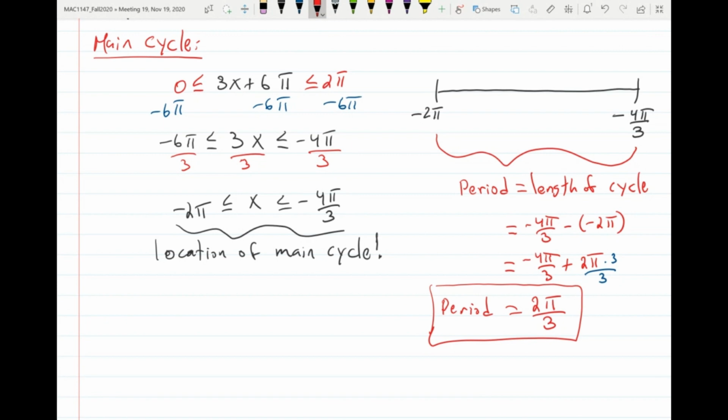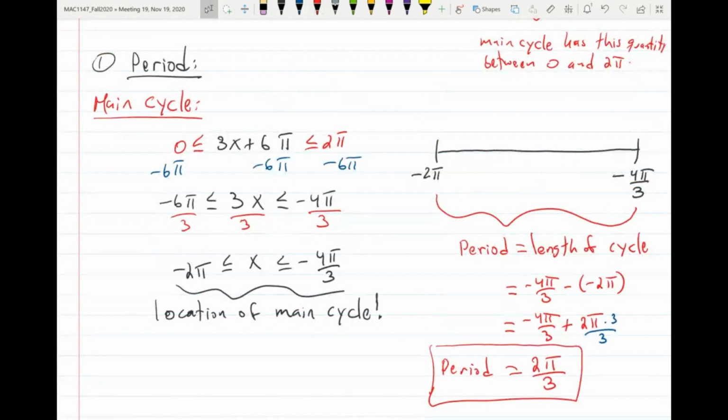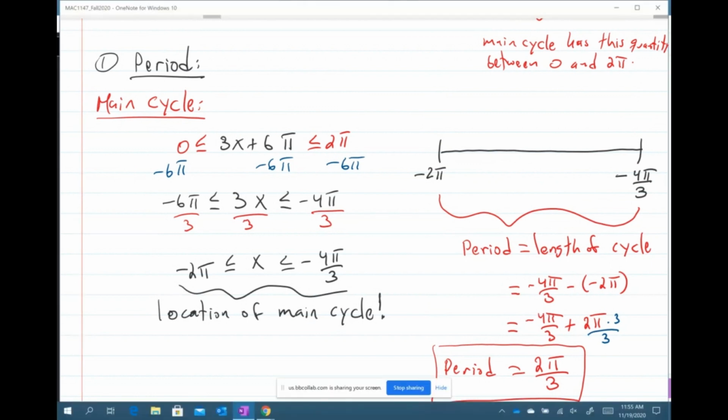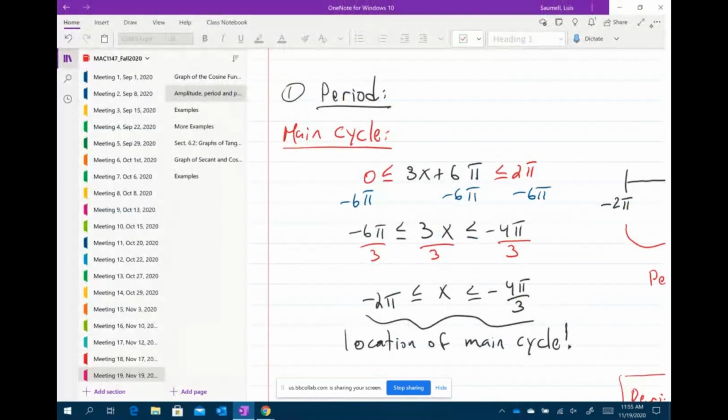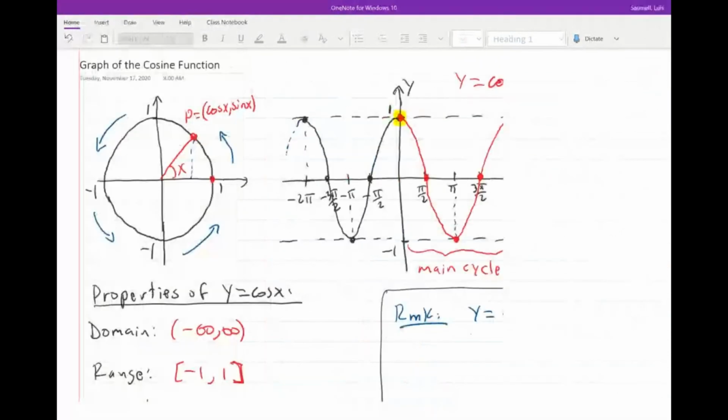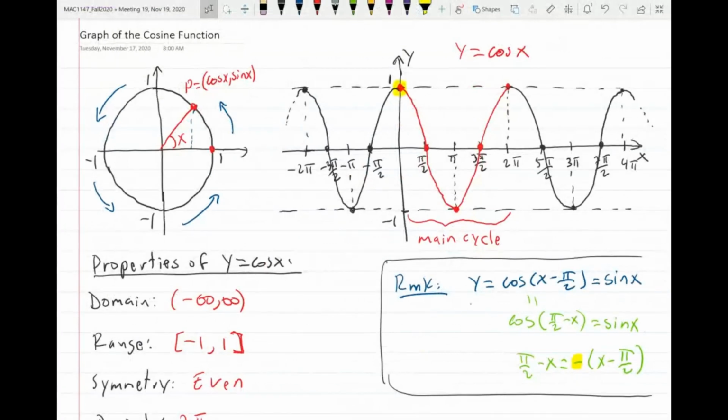So now what we should do is, as you know, the cosine function always has 4 key points, or I should say 5 key points. Okay, let me go back. And remember, everything we're saying about cosine also applies to sine, adjusting that in the relevant way, of course.